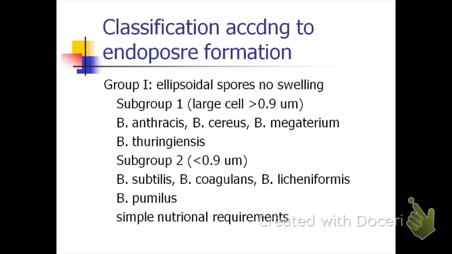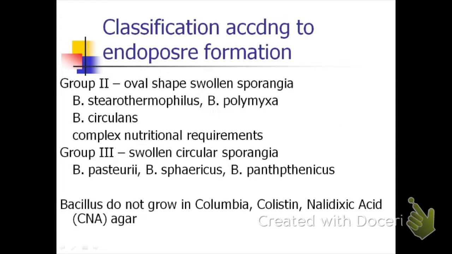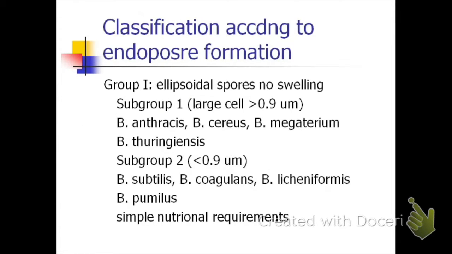So, for example, group 1 has ellipsoidal spores, but group 1 is further divided into two, whether you have a large cell or a small cell. So the ellipsoidal spore is somewhat located here.